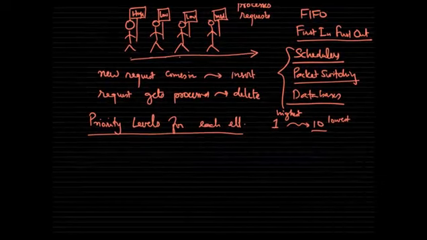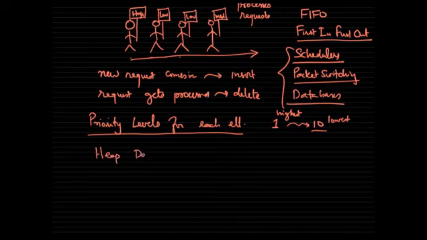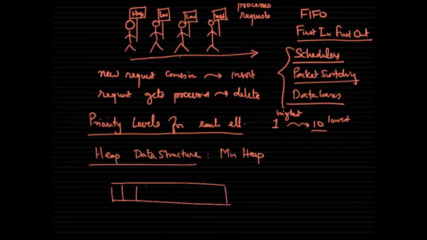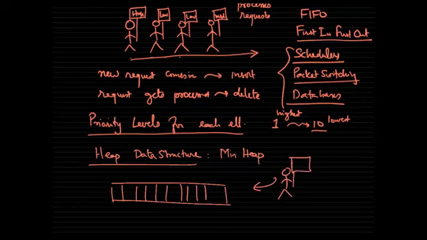So in that case, what we can do is we can maintain a heap data structure. Specifically a min heap. If we maintain a min heap data structure, which is simply an array with some special properties, every time a new element comes in, with the priority, let's say priority 8, I'm going to insert the element with the key equals 8 in this heap.